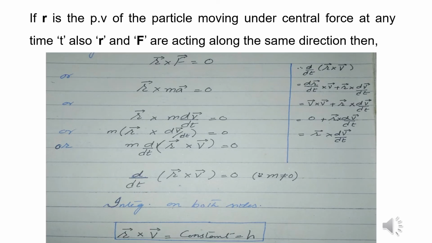If r is the position vector of the particle moving under the central force at any time t, also r and F are acting along the same direction, then r cross F is equal to 0. We know that r cross F is the torque. Here we can say that torque is equal to 0.